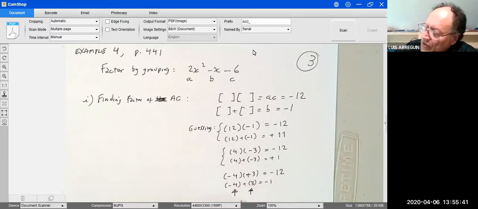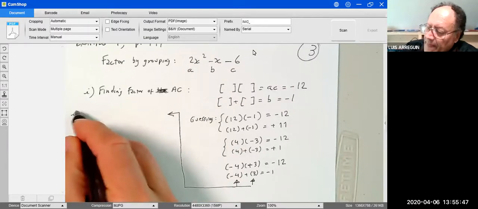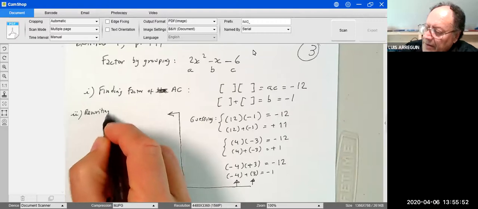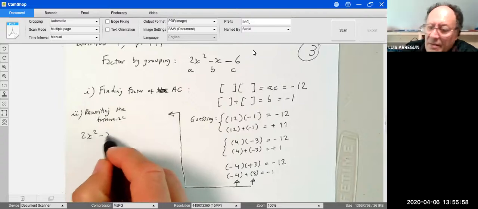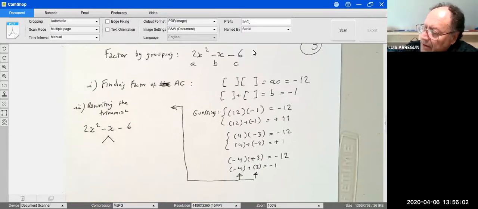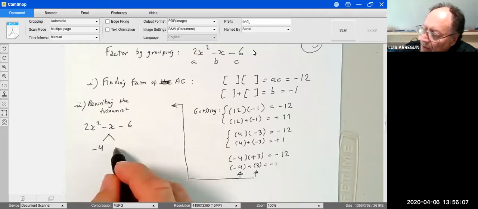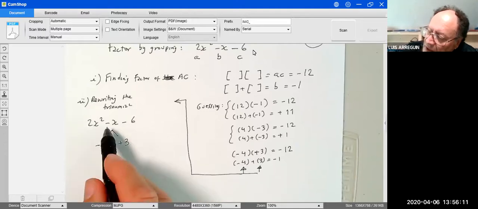So I'm going to use these two numbers to break my trinomial. So I'm going to rewrite the trinomial. So I'm going to write 2x squared minus x minus 6, and the middle term, the middle coefficient, is going to be broken by using -4, +3, because -4 and +3 is going to give me -1.